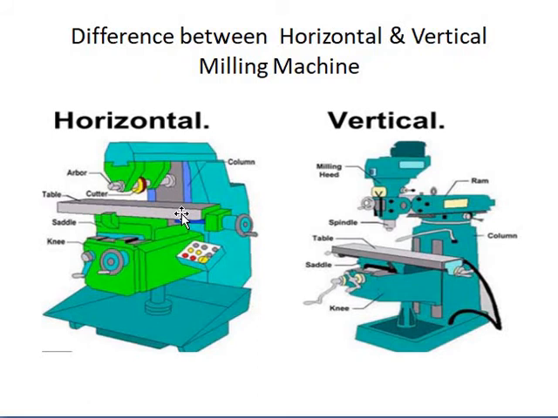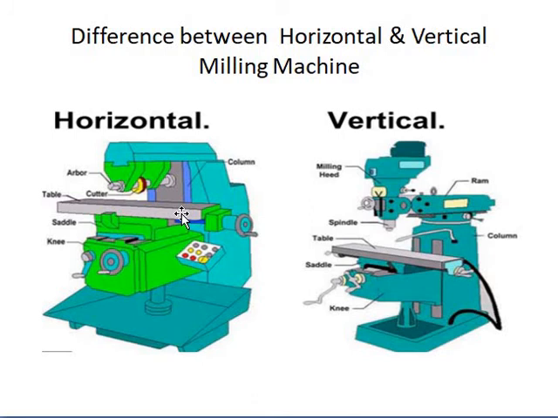Next, in a horizontal milling machine the spindle cannot be tilted, whereas in a vertical milling machine the spindle can be tilted for angular cutting. Wherever angular movements have to be done for the specimen, we use a vertical milling machine.